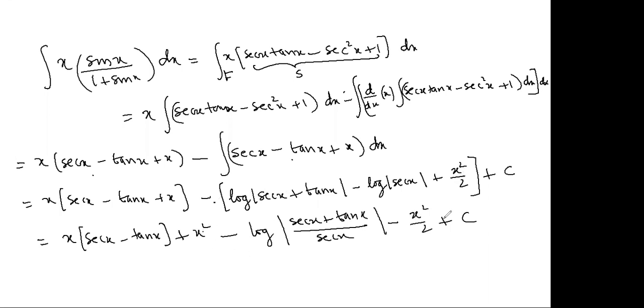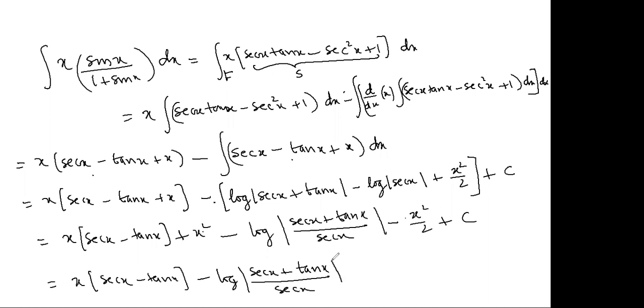Now combine x square and minus x square by 2. So x into sec x minus tan x minus log of sec x plus tan x upon sec x. X square minus x square by 2 is plus x square by 2. Plus c.